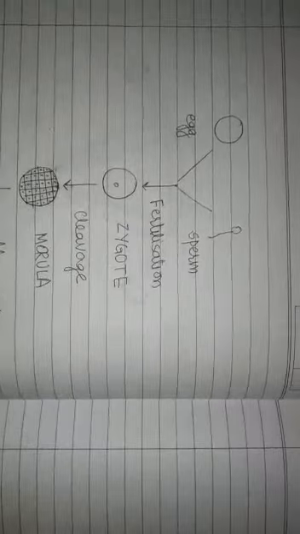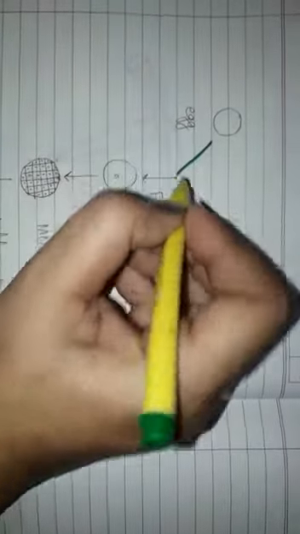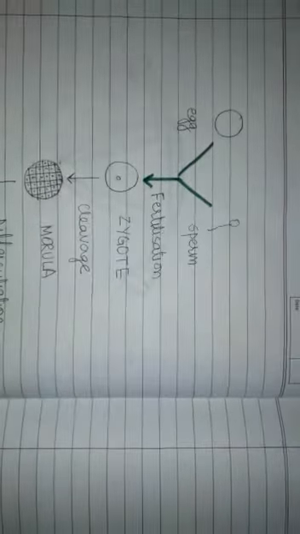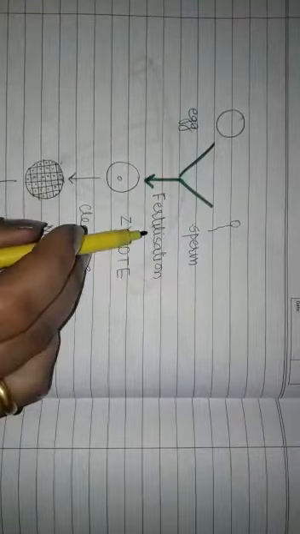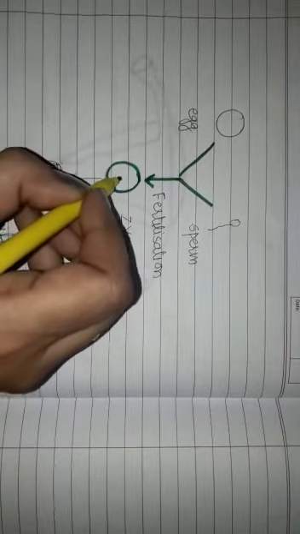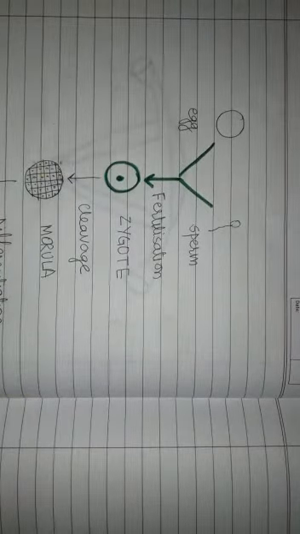This fertilization results in the formation of the first cell of the individual's body, and that first cell is called zygote.